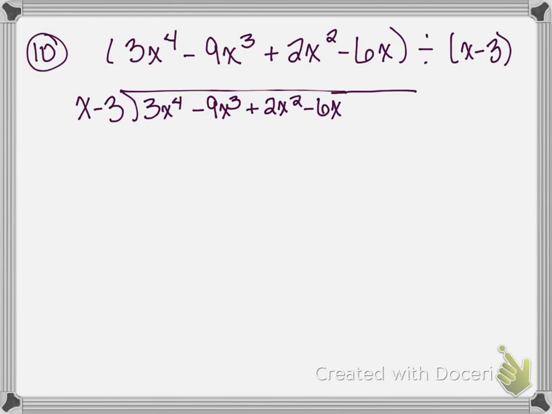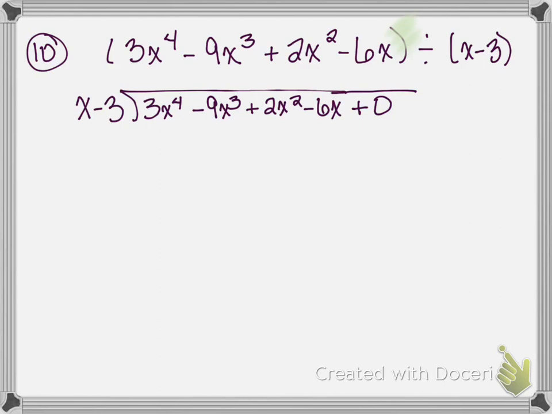But do you see how I don't have a constant right here? There's no plus a number? So I have to put plus 0, and I'm going to have to do that for synthetic division also. But I have to account for that constant that's not there.